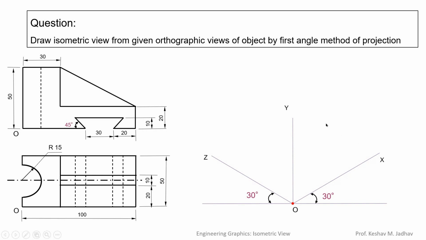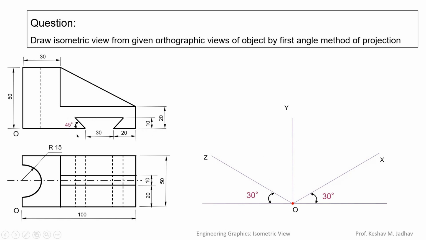Now these are the XYZ axes, called isometric axes, and all the vertical and horizontal lines in the front view and in the top view will be parallel to one of these isometric axes, and those lines are called isometric lines. If any line or edge is not vertical or horizontal, means if it is inclined, then that line will not be parallel to any of these axes.